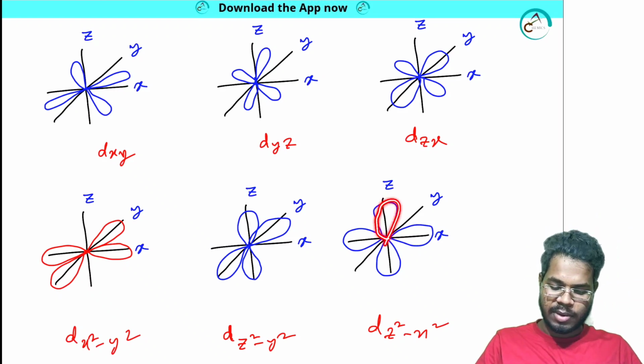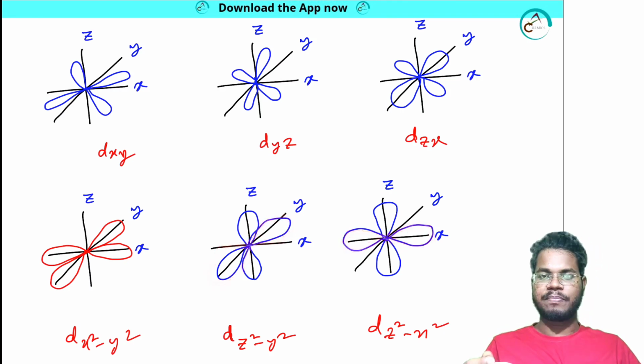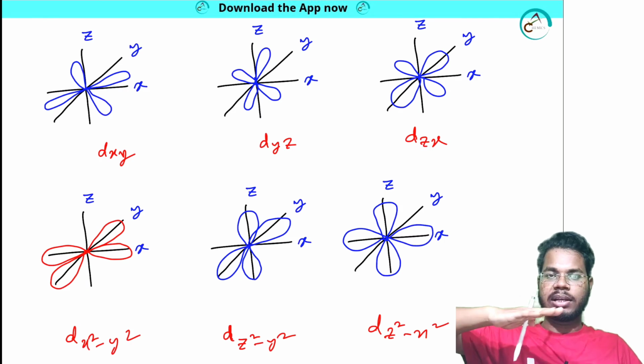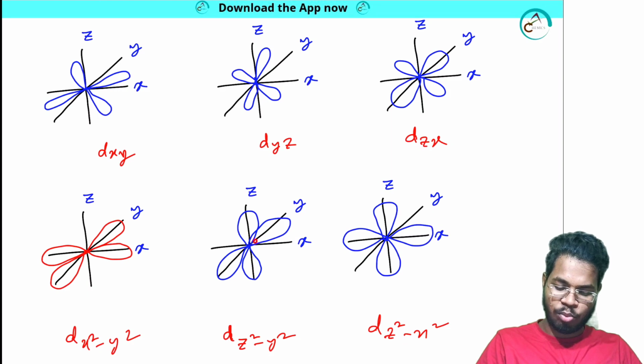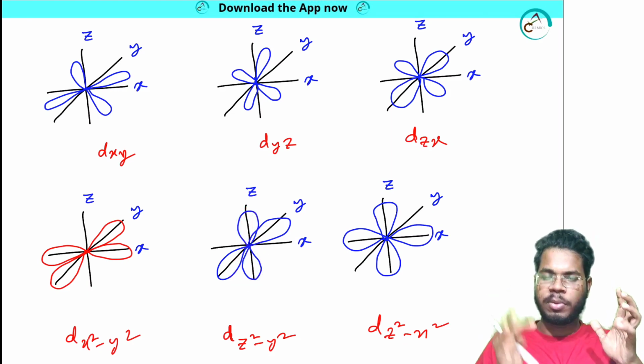The lobe is present on the z axis, and sometimes on the y axis, and in this case on the x axis. That means the electronic distribution in both cases is through the z axis, so a lot of electrons will be present.